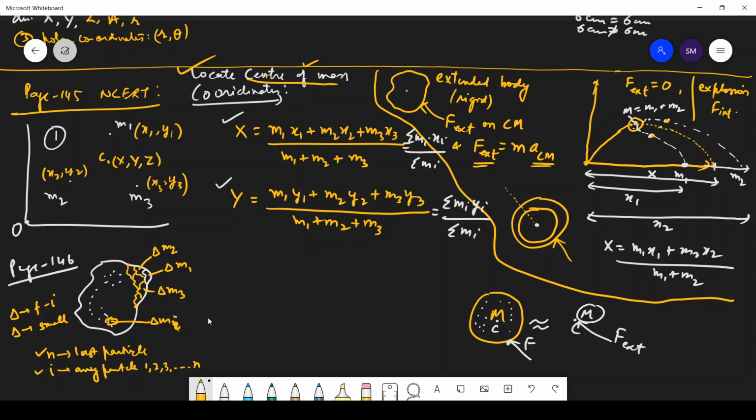So what are the coordinates of the center of mass? The center of mass coordinates are x, y. So what is x here?